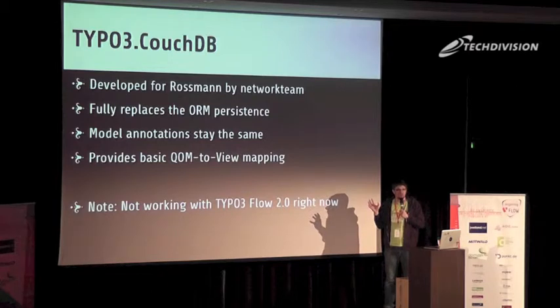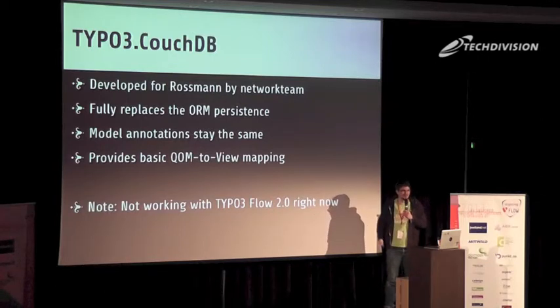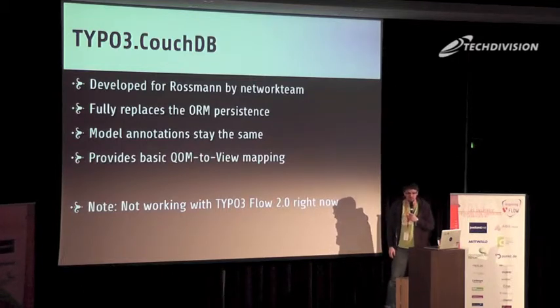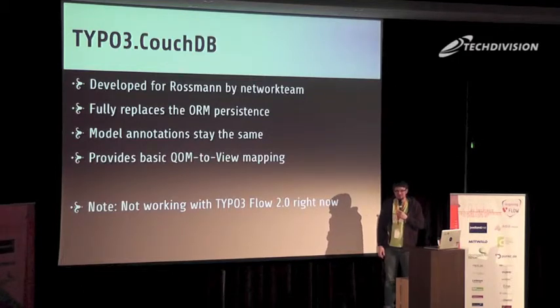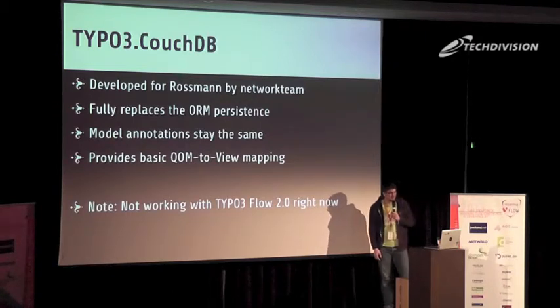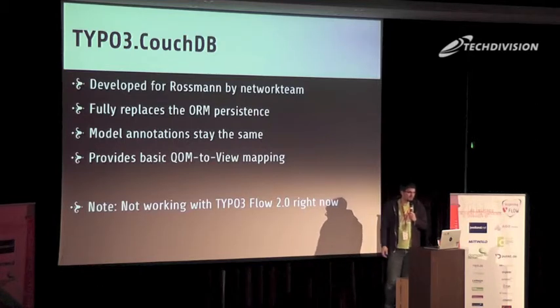It was developed, I think we started 2.5 years ago or something by now, so it's really quite a long-running thing. It was started for Rossmann by network teams, Christopher and me, in some frantic hacking day, and then Christopher continued working on it and brought it a long way, really.